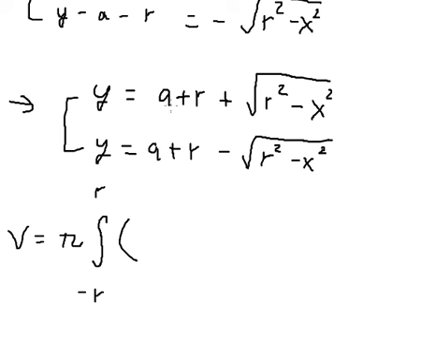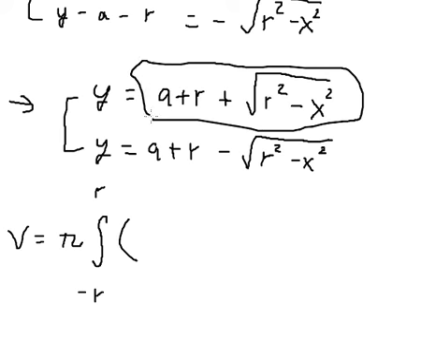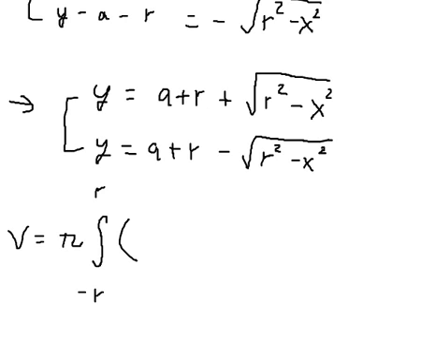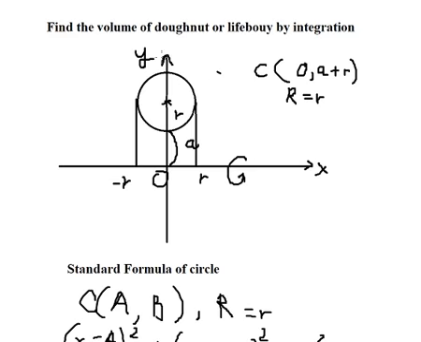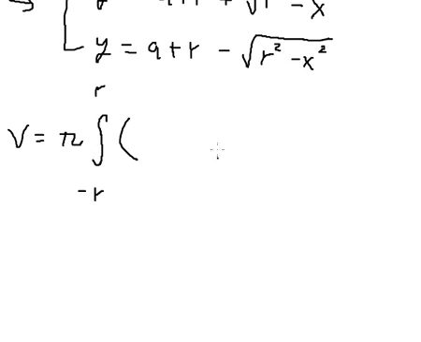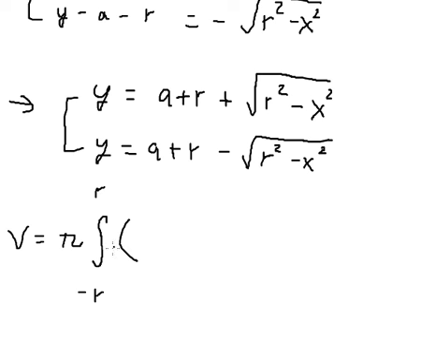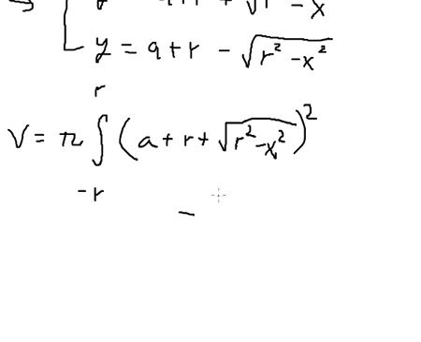So the upper function is this one, because this number is added to this number, so this one goes up here. This one is minus, so this one should be the lower. Minus the lower here.